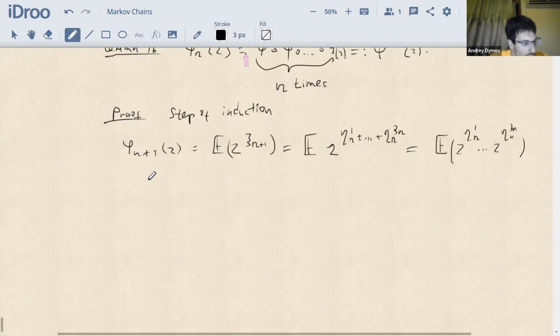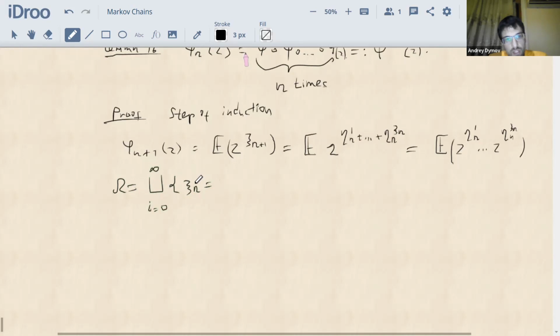So now I'll use the standard method to resolve this problem that the number of terms in this product is random. I will note that my set of elementary events can be represented as a disjoint union over I from 0 to infinity of the events that psi n equals I, right? Because psi n takes some value, then we have this equality.